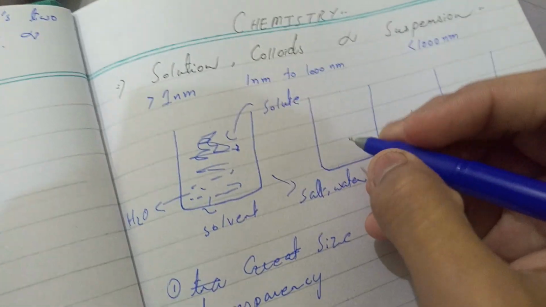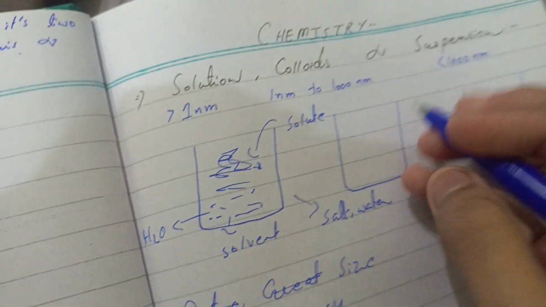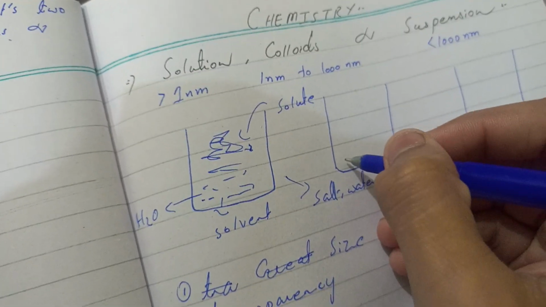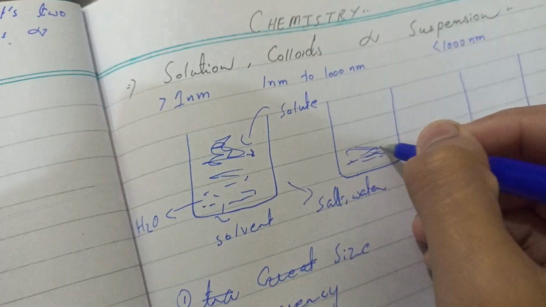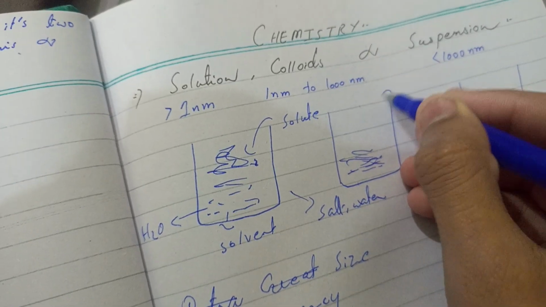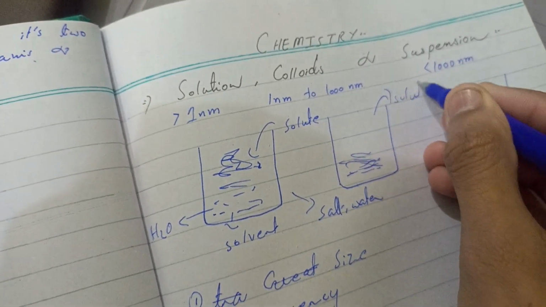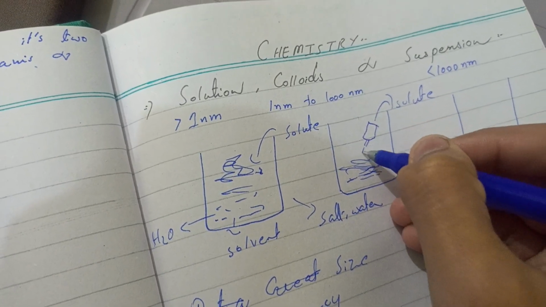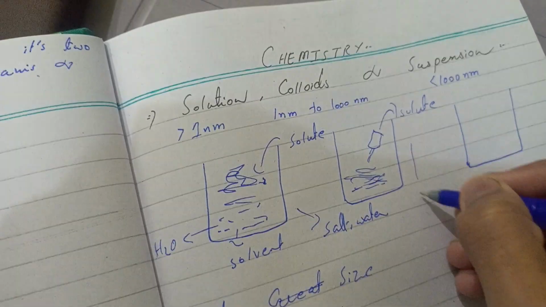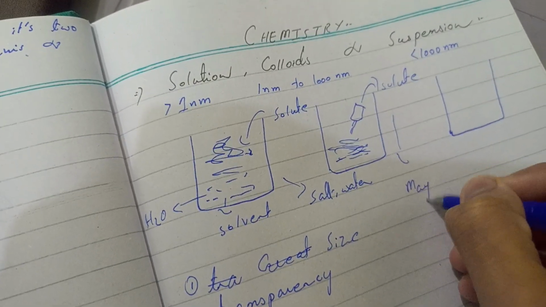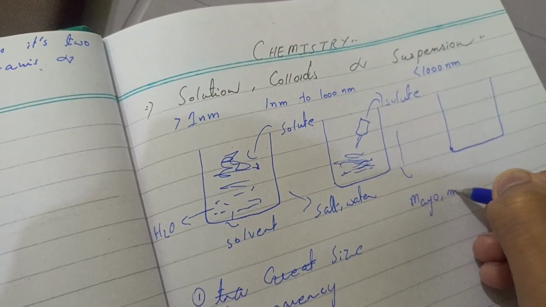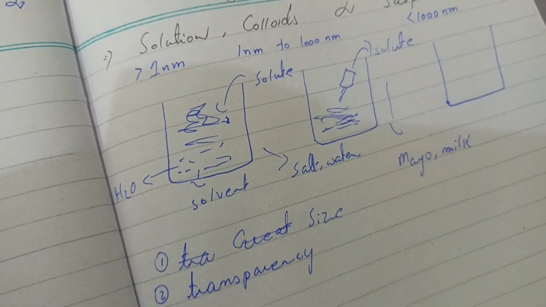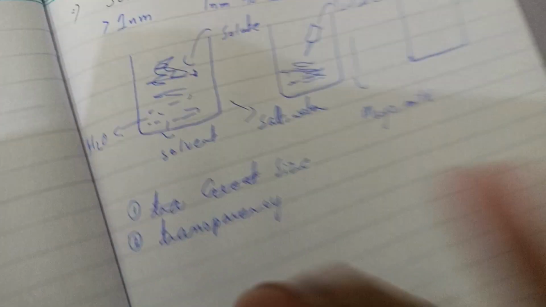If we talk about colloids, for example, the solvent that we have is mayonnaise, and we pour some solute, which is milk. So the example is mayo plus milk. Now what does it mean? Will it be visible or not?